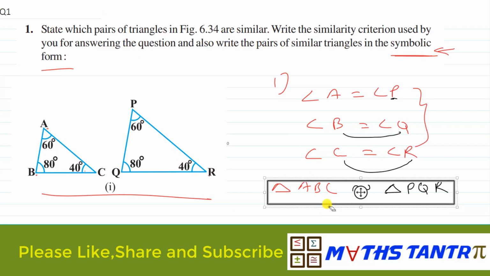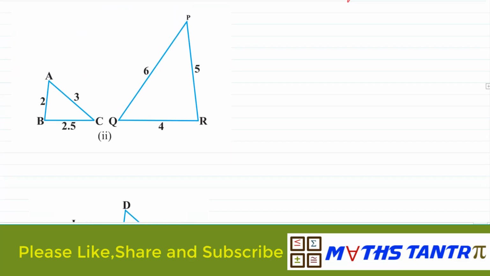These two triangles ABC and PQR will be similar by using AAA criteria. Okay. Now coming to the second pair. Here you can observe, if angles are not there, try to check those sides whose ratio you can equate.